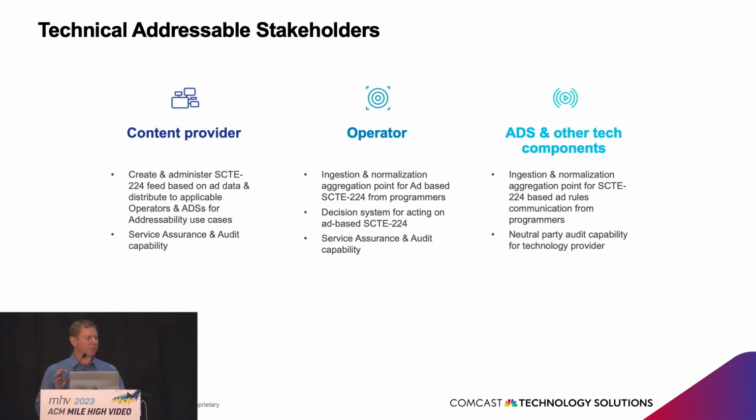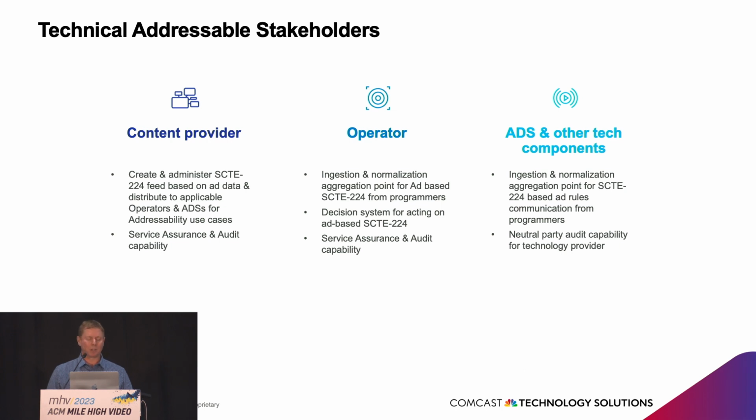The three main stakeholders in the addressable workflow are the content providers. Those are the ones that are actually creating the 224 streams and then providing it downstream to the rest of the ecosystem that has all the intelligent information in there to make the future decisions.